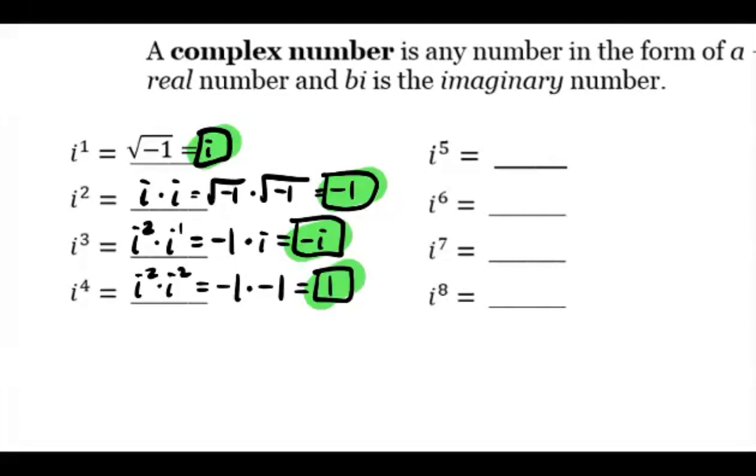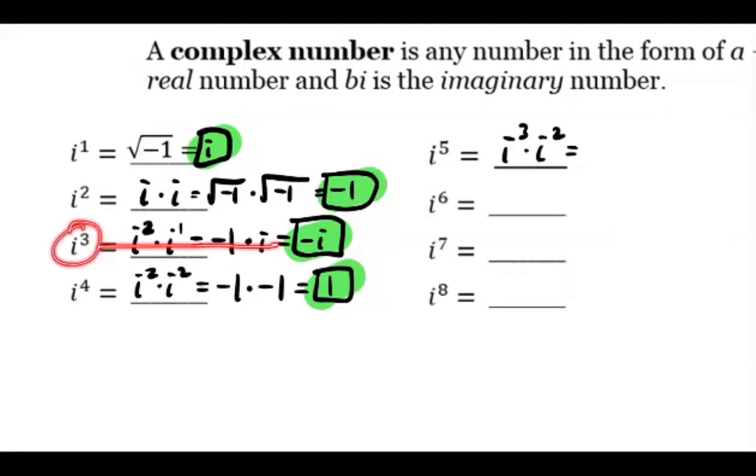Let's do I to the fifth. Yeah, I can do I to the third power times I to the second power, right? Those make 5. I already know what I cubed is going to be. I cubed is here, right?